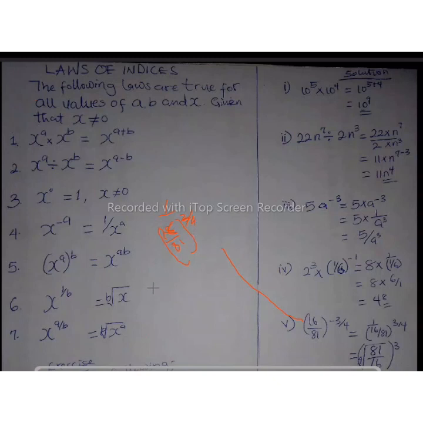This is the same thing as saying take the inverse of 16 all over 81, and of course that's 81 all over 16, then put them in brackets, and put the power, 3 over 4, at the power level.